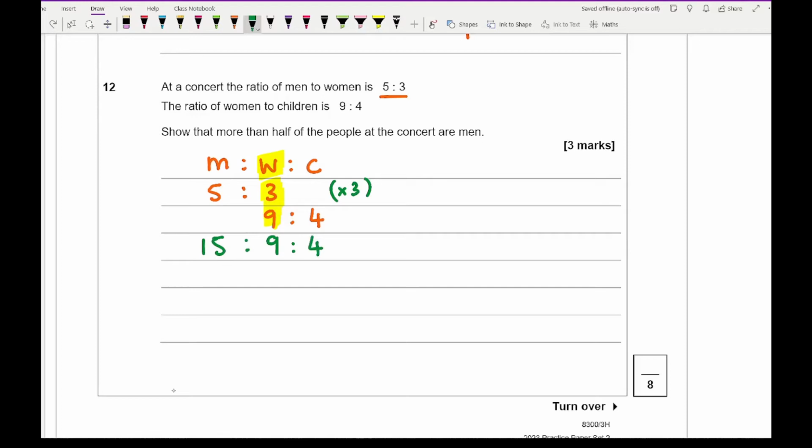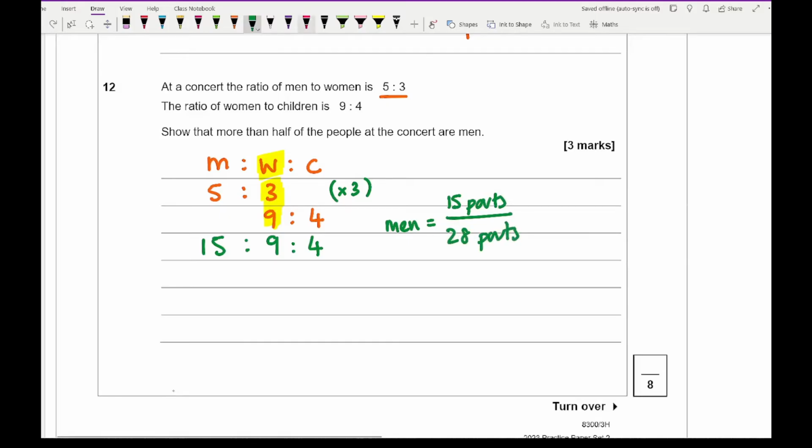So now I can compare the parts. So men equal 15 parts out of a total of 28 parts.